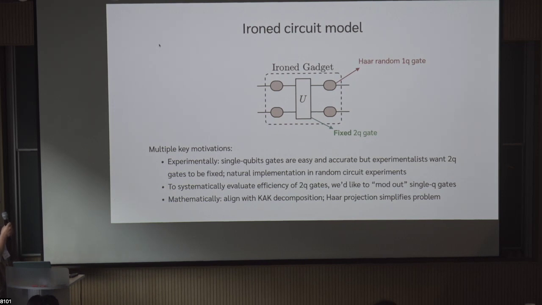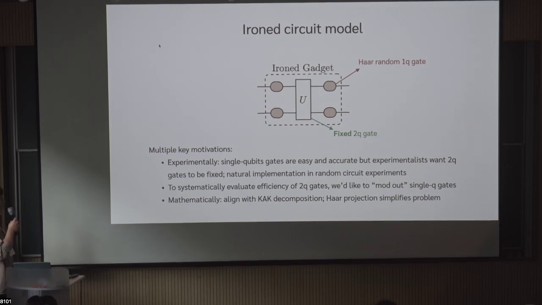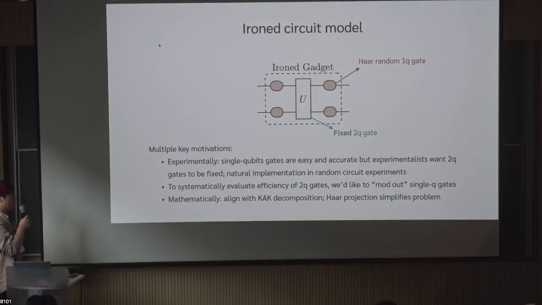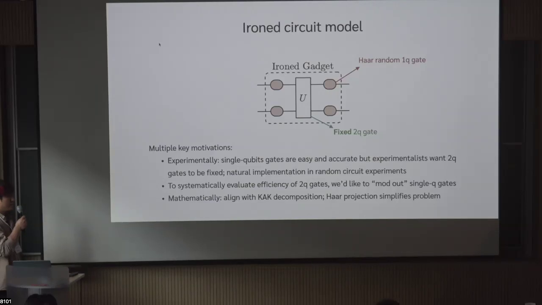So using this framework, everything comes together pretty nicely. And these single qubit Haar random gates will give us a projection structure that simplifies the problem. So later we'll see that under this model we can actually get a lot of results.